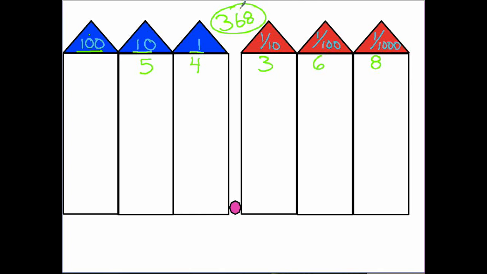But it's not by itself. It's in this chart. So you read it just like you would if it's all by itself. 368. And what is the place the last number is in? Thousandths. So now read the number to me.